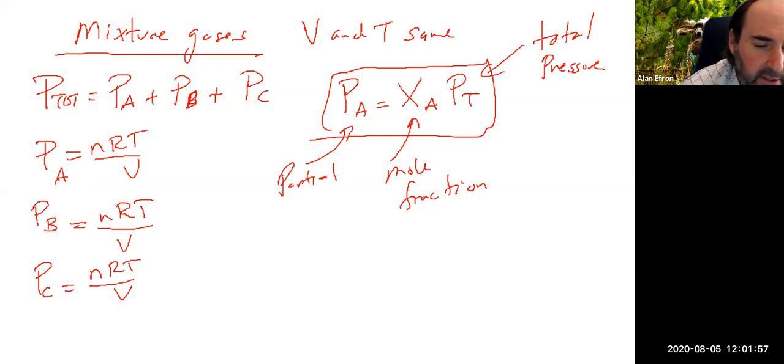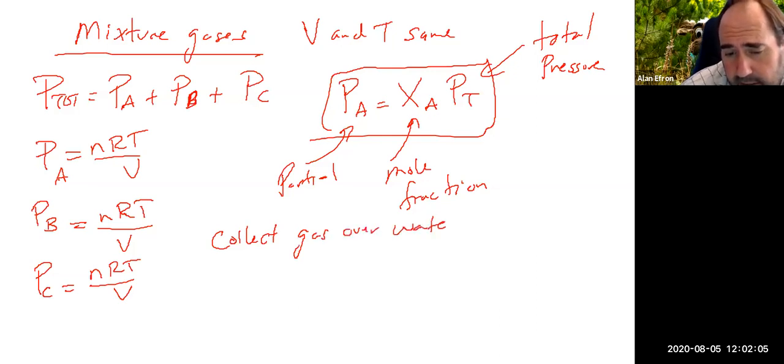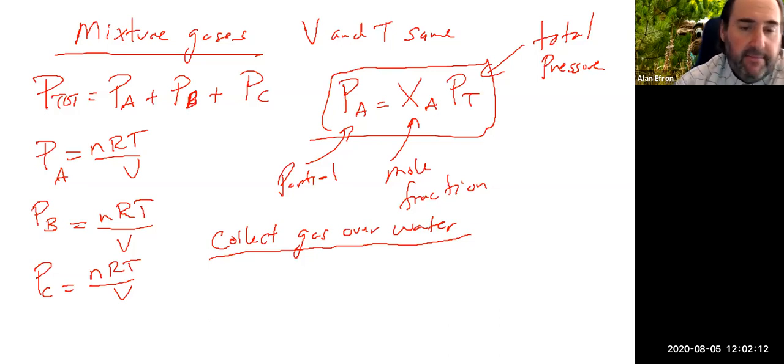Another partial pressure situation occurs when we collect a gas over water. When you do that, it gets what is sometimes referred to as being saturated with water vapor. Basically, in addition to the gas you're interested in collecting, you're also collecting water vapor, which has an effect on the pressure.